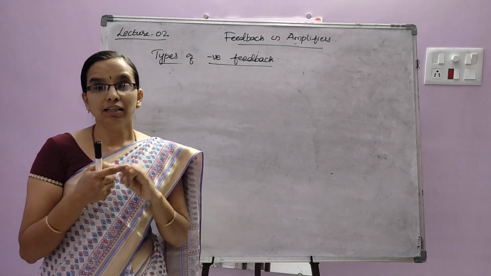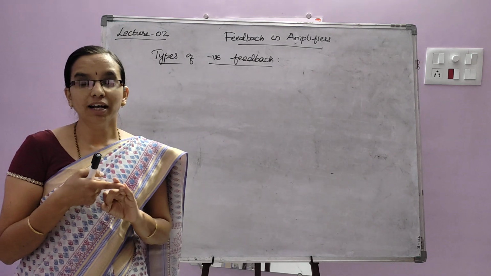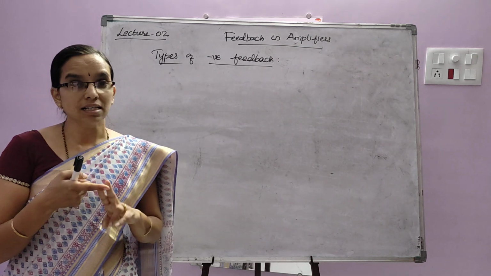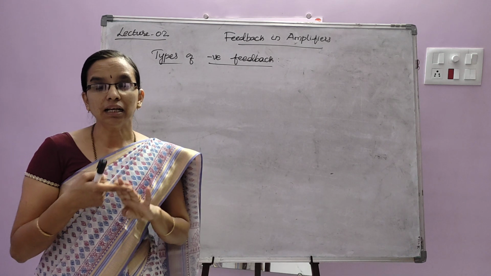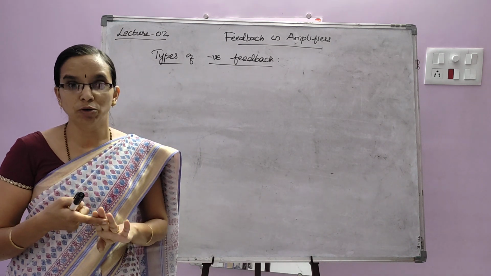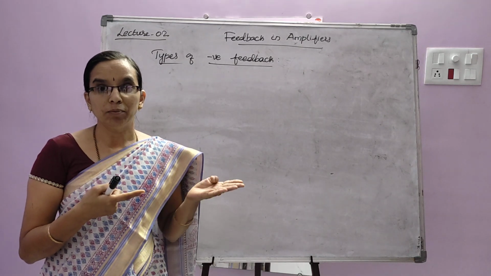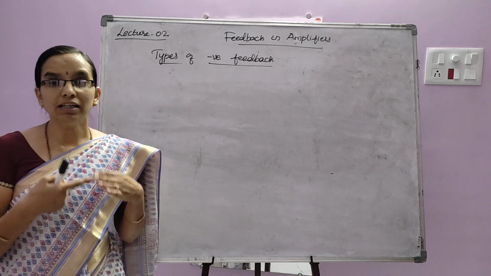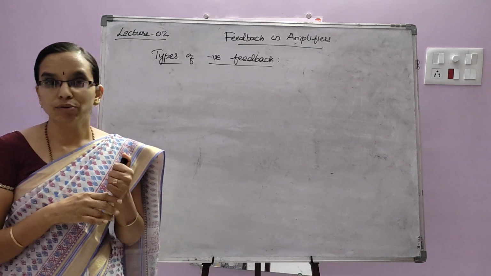That means we can take voltage or current from the output and feed it back to the input either in series or parallel. So depending on these, we distinguish feedback connections into 4 types.